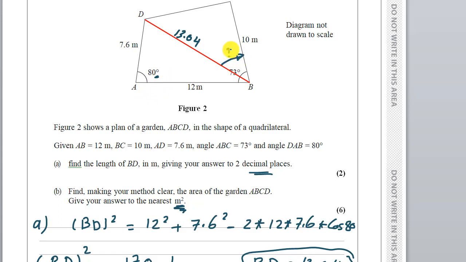Let us say this angle is theta 1 and this is theta 2. We need to find theta 1 from the first triangle. I can find theta 1 using the sine rule. 7.6 divided by sine theta 1 is equal to 13.04 divided by sine 80.